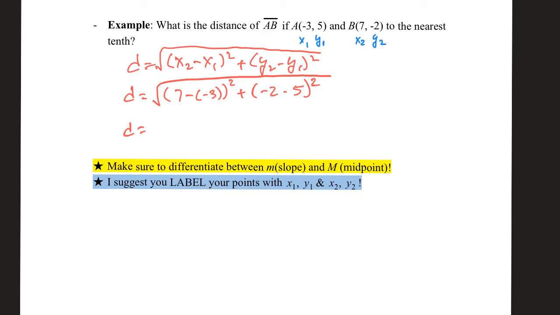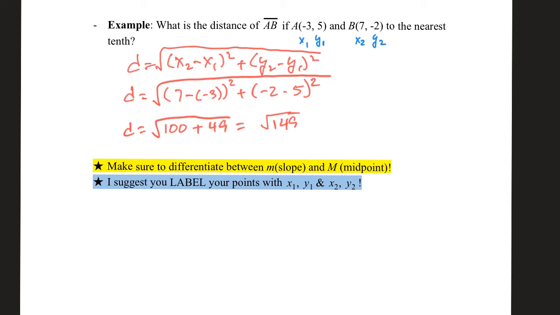So my distance: 7 minus a -3, that's 7 plus 3, which is 10. 10 squared is 100. And then I'm adding -2 minus 5, that's -7. -7 squared is 49. So this is going to equal the radical of 149.